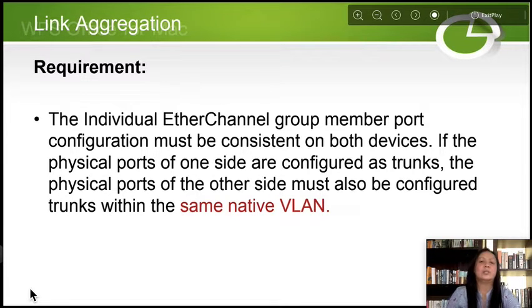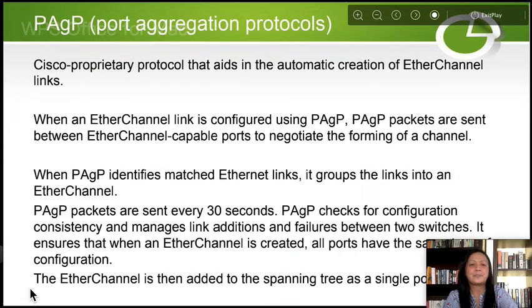And then the requirement is that the individual EtherChannel group member port configuration must be consistent on both devices. If the physical ports on one side are configured as trunks, the physical ports on the other side must also be configured as trunks within the same native VLAN.